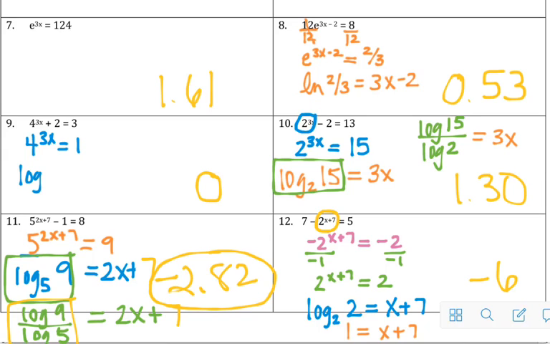Base is on the bottom of the exponent. It's in the bottom of the log. What's on the bottom of this exponent? 4. So that's going to be our base for our log also. What comes after the base in this situation? 1. There it is. So log base 4 of 1 is equal to the exponent, and the exponent is 3x.